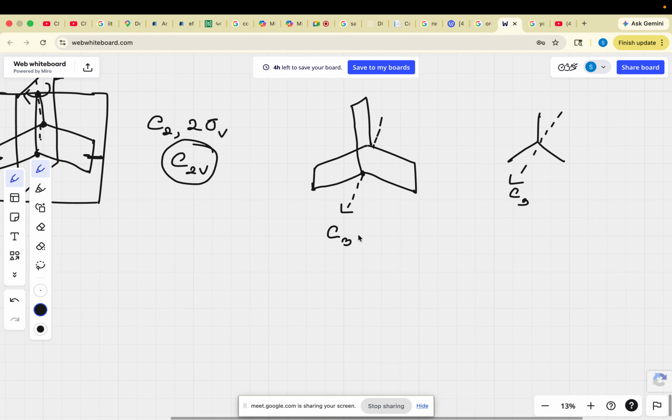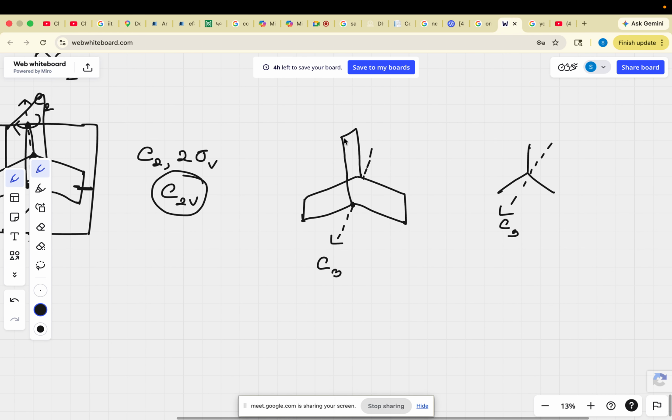Now is C2 present or not? C2 is also present. Suppose you are placing one C2 in the middle of this, and if you rotate it by 180 degrees through this C2 axis, you will get an equivalent structure.